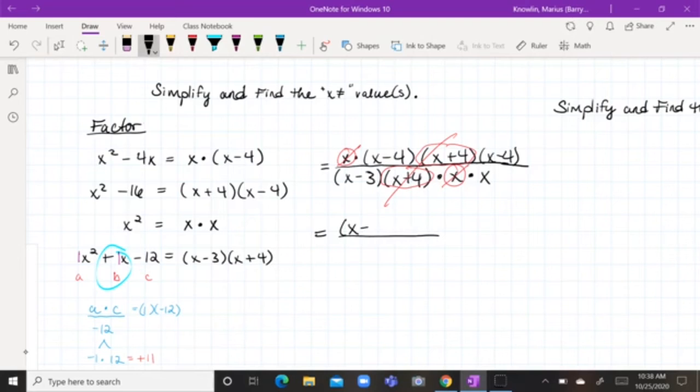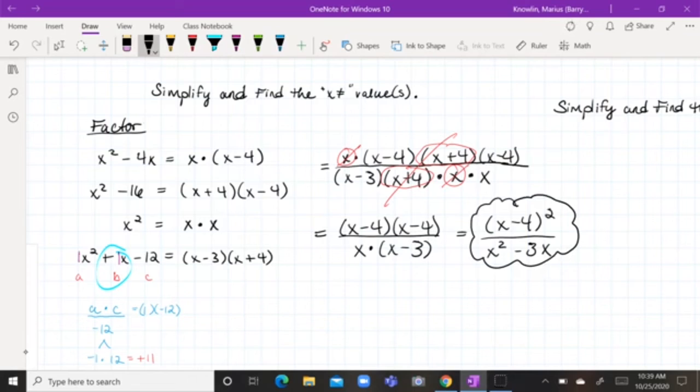So one way we could keep our answer is in factored form. This would be x minus 4 times x minus 4, and then on the bottom we could have x times x minus 3. Or we could simplify this some more. We could just say x minus 4 squared, divided by x squared minus 3x, and that would be the simplified form.